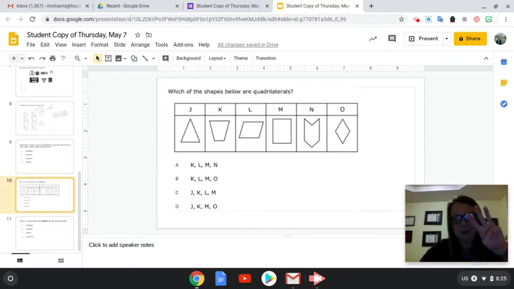Yes, so that's three, because K, L, and M are quadrilaterals. Does N have four sides? 1, 2, 3, 4, 5, 6. So can it be a quadrilateral? No. So N is out. What about O? Yes. So our answer is B.